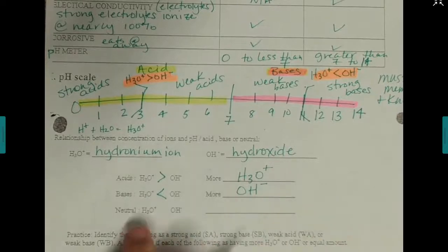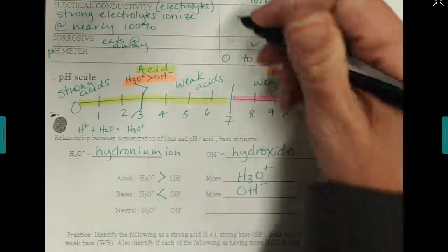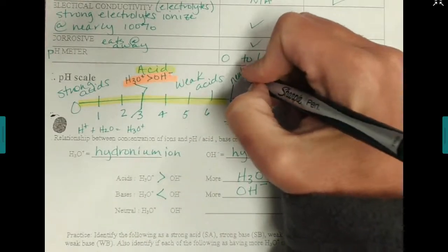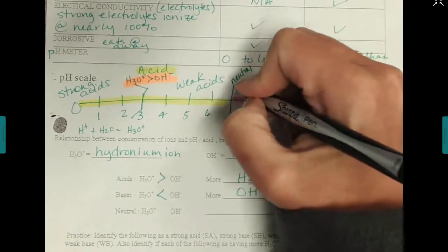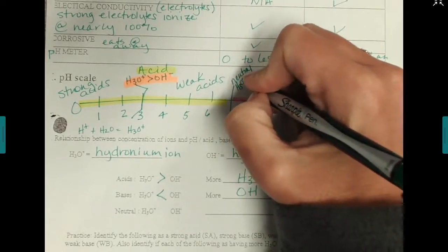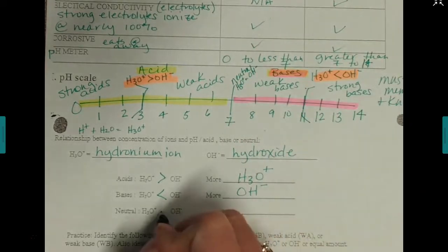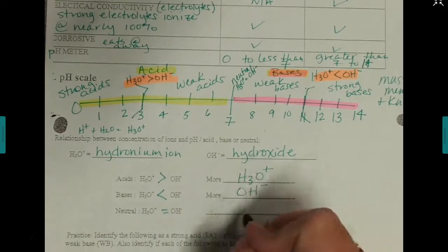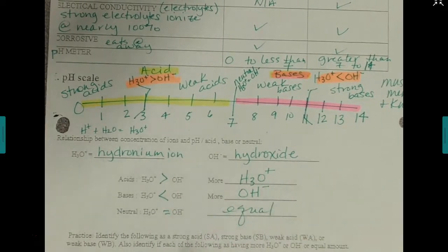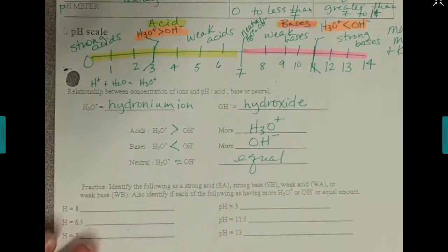And then neutral, we didn't talk about this. Neutral is 7. And this is where your hydronium will equal your hydroxide. So these will be equal.